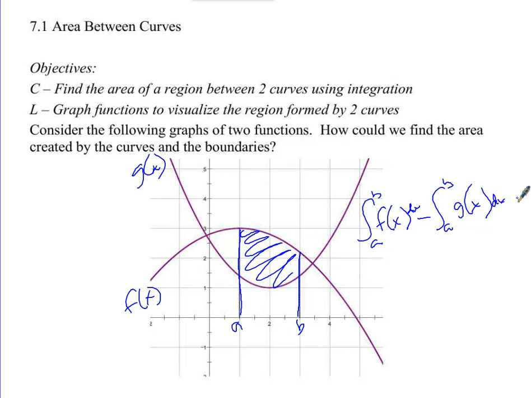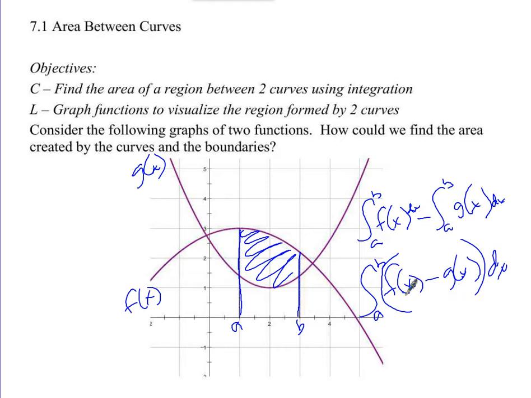Very good. And in actuality, I can simplify that. This is written as 2 separate integrals. Can I combine that and make it one? Yes. The integral from a to b of f of x minus g of x, and that's all dx.